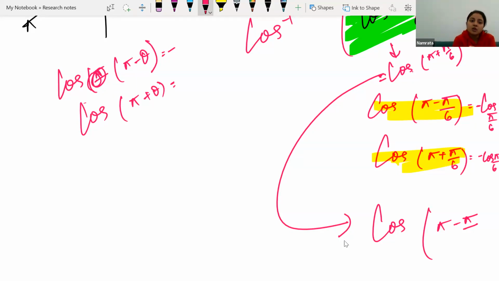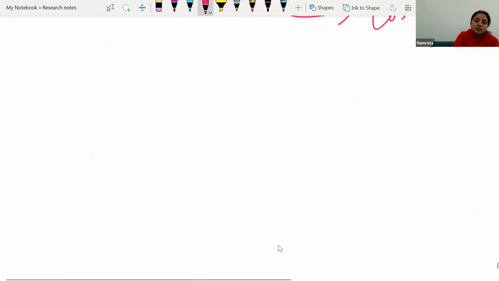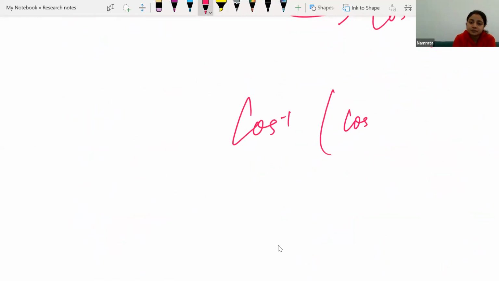So cos of pi plus theta can be written as cos of pi minus theta. Why am I doing so? Because when you write it in the form of pi plus theta, you are still having the answer as 7 pi by 6. We are having cos inverse cos 7 pi by 6.